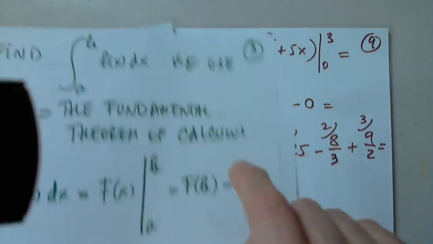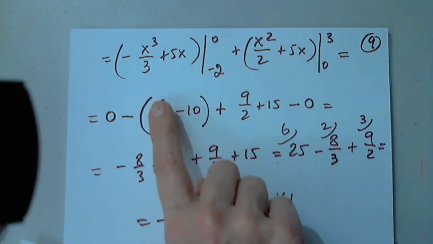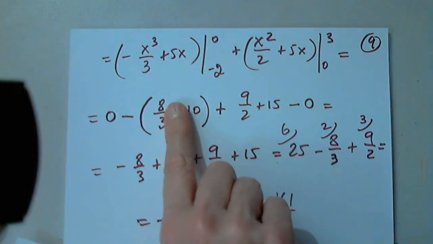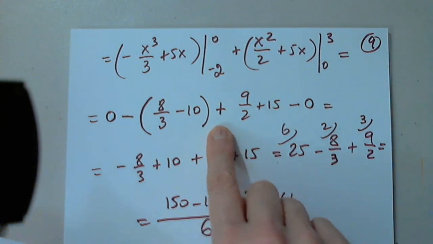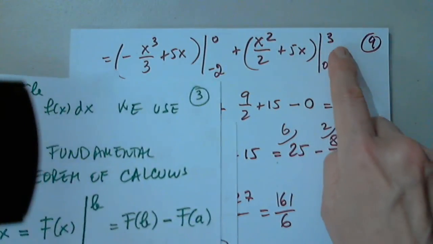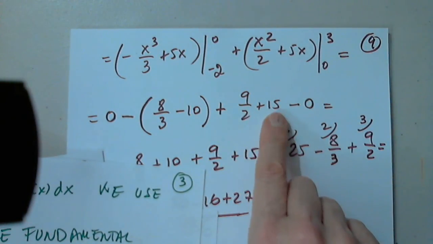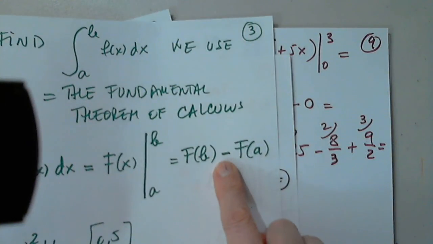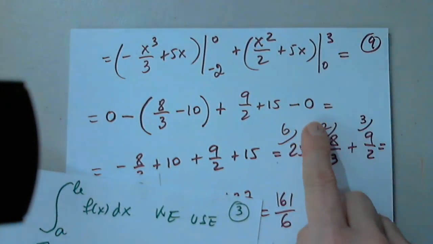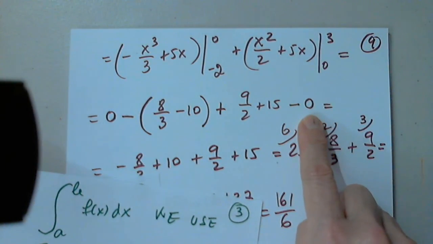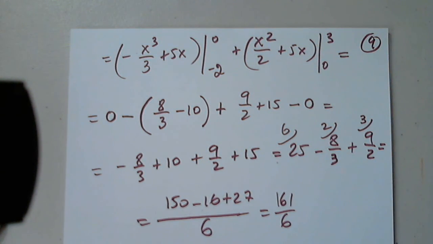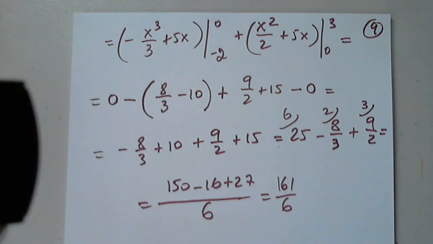Minus when I plug in the lower limit, I get this. Okay. Plus when I plug in the upper limit, I get this. Minus when I plug in 0, I get 0. Just to make sure that we don't skip anything. Is that better?